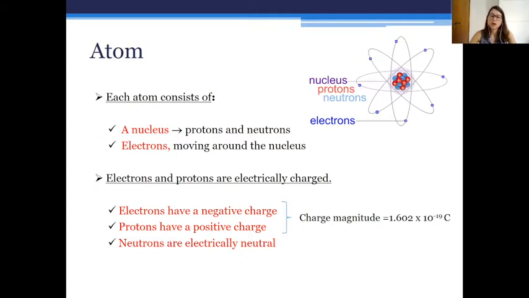Electrons and protons are electrically charged. The electrons have a negative charge and the protons have a positive charge. The charge magnitude of them is 1.6 × 10⁻¹⁹ coulomb, whereas the neutrons are electrically neutral.